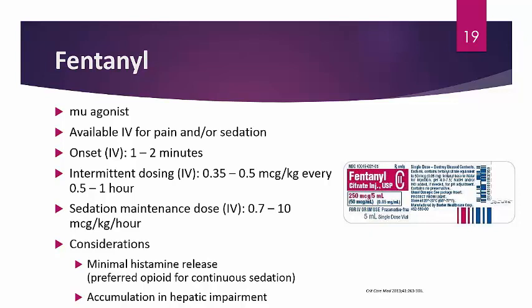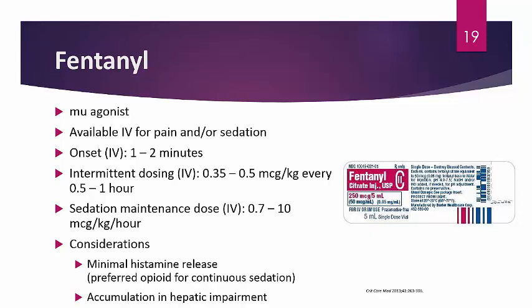If you look at how fentanyl is provided in the vial, it's provided as 25 and 50 mics traditionally. In some cases, you may have larger vials, such as the label here, where you get 250 mics per 5 mLs. I've seen clinicians use anywhere from 25 to 100 mics at a time as a bolus, because sometimes they may not use this weight-based dosing here.